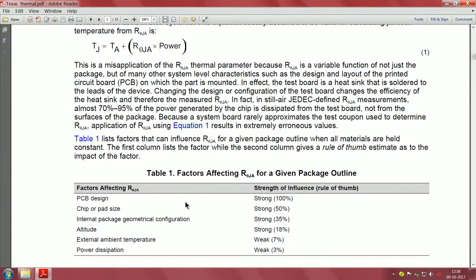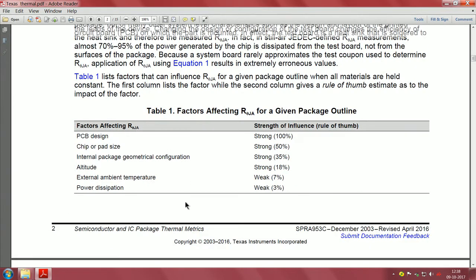stops giving light. So, if you go down for a given package outline, it looks like PCB design is the all encompassing thing. Chip or pad size is somewhat partly true, not 100% true, but then you cannot ignore it also.